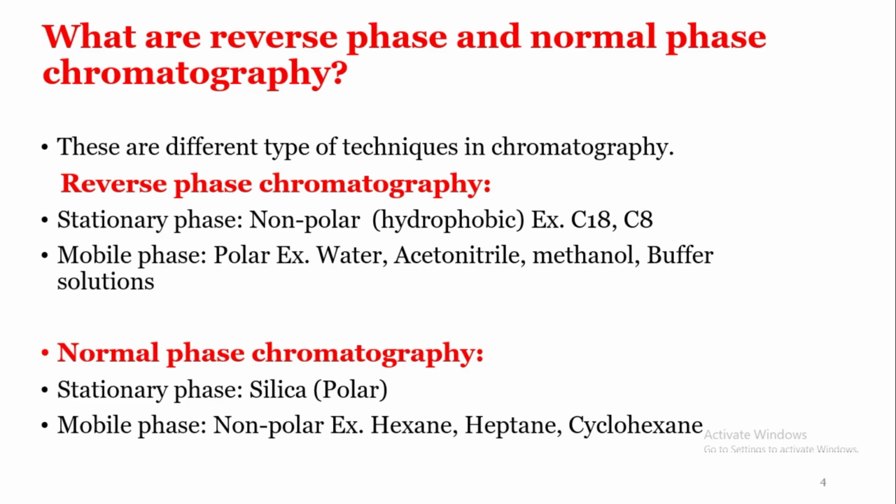Whether sodium, potassium, or calcium, different buffer solutions. So in reverse phase, the stationary phase is non-polar and the mobile phase is polar. Like attracts like, we know that, right?